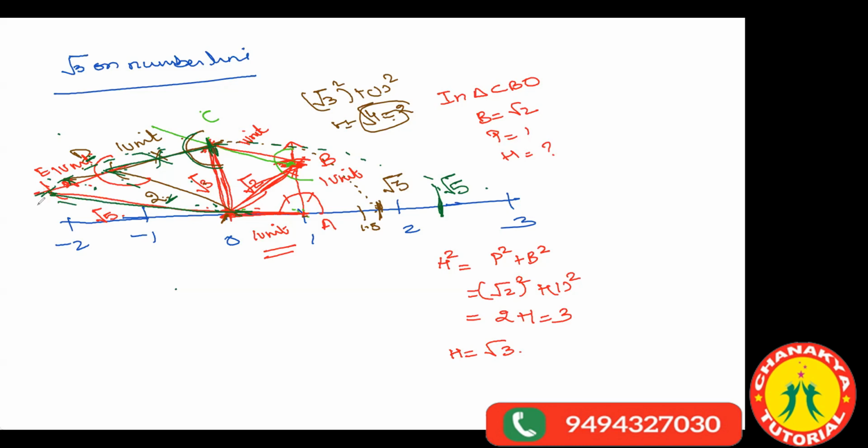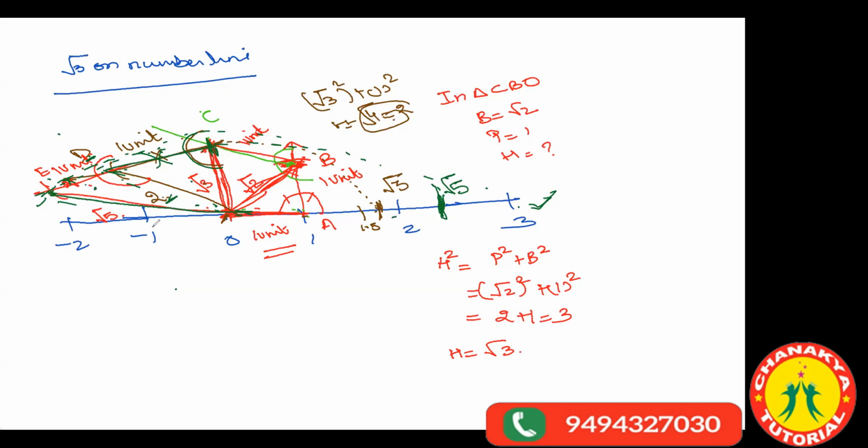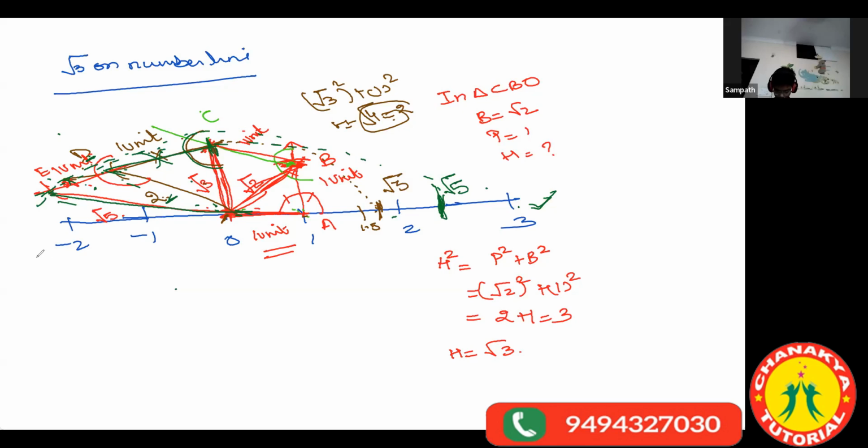Now take root 5 distance in your compass and draw an arc over here. And it will intersect between 2 and 3 on the number line. Okay, clear? Understood? Children, this will be your homework. Today I have shown you how to represent root 5 on a number line.